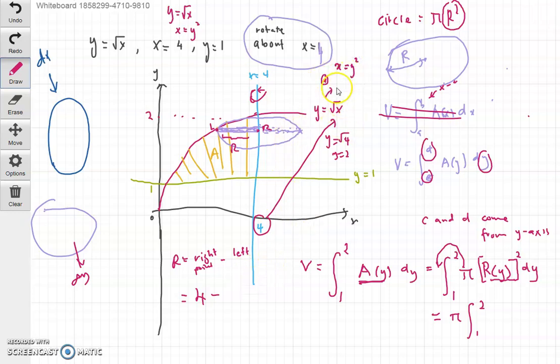So for the right side we take y to the power of 2, then plug it into this part, where we get 4 minus y to the power of 2. Now we have set up our equation.